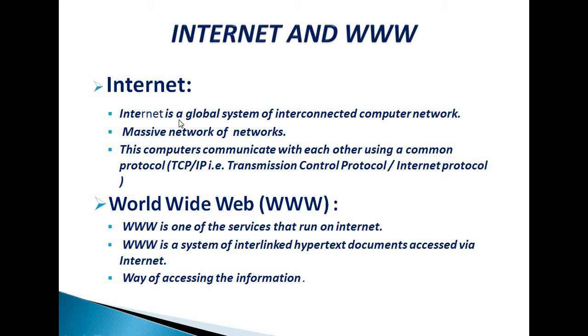Definition of internet is the network of networks. The computers communicate with each other using a common protocol, that is TCP/IP, transmission control protocol, internet protocol. And WWW is one of the services that runs on the internet. It is a system of interlinked hypertext documents accessed via the internet. So it is a way of accessing information.